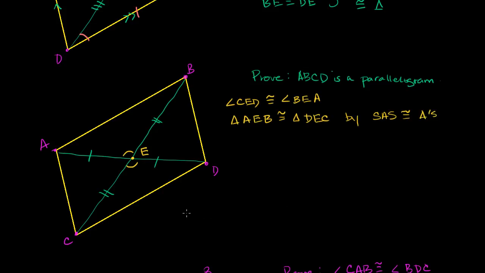Fair enough. Now, if we know that two triangles are congruent, we know that all of the corresponding sides and angles are congruent. So, for example, we know that angle CDE is going to be congruent to angle BAE.